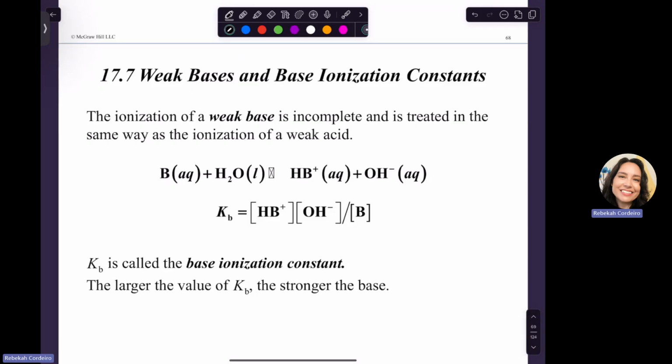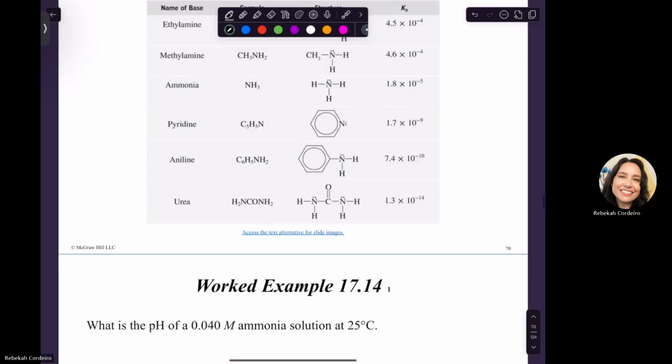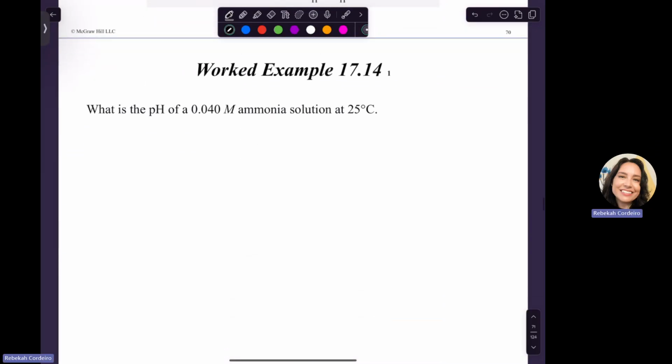Same thing goes for weak bases. But instead of Ka, we're going to talk about Kb. And again, it's just going to be the same thing. So ice tables and all that fun. So here's some practice.